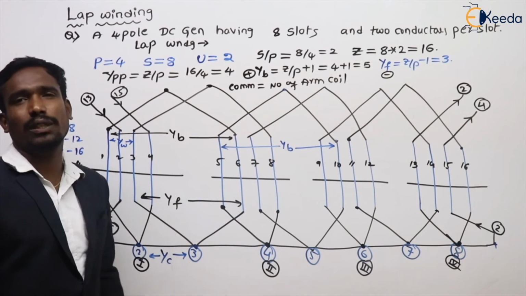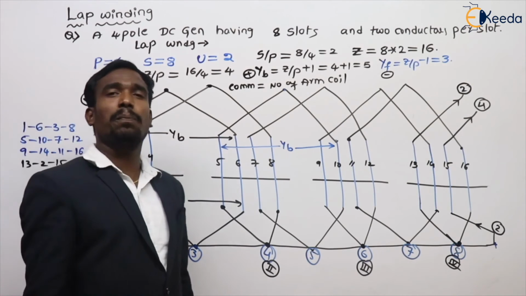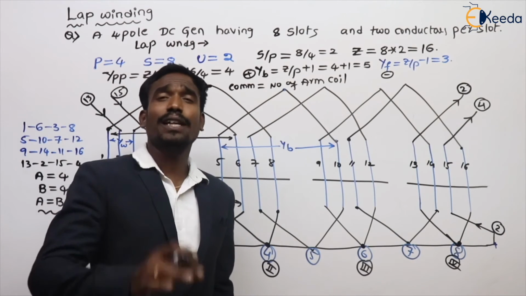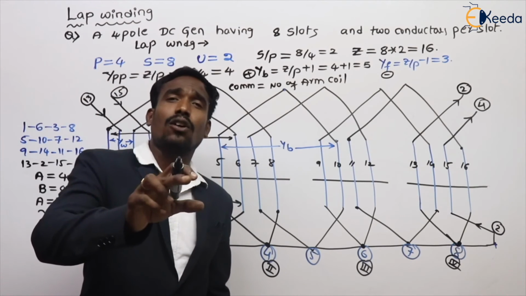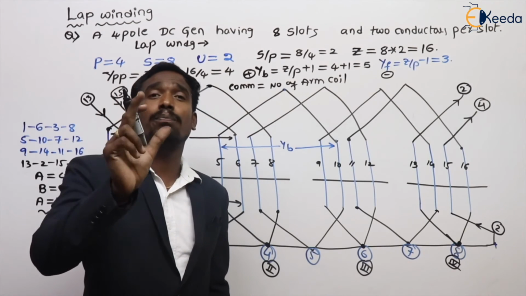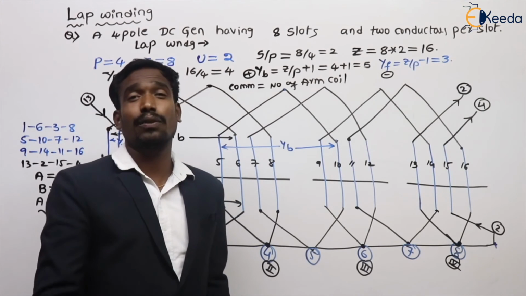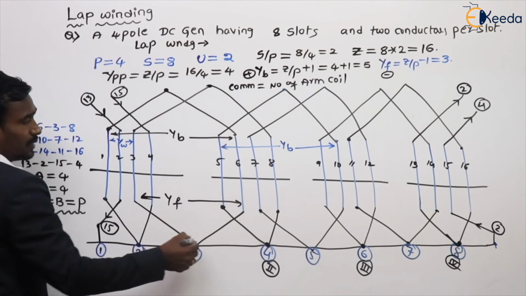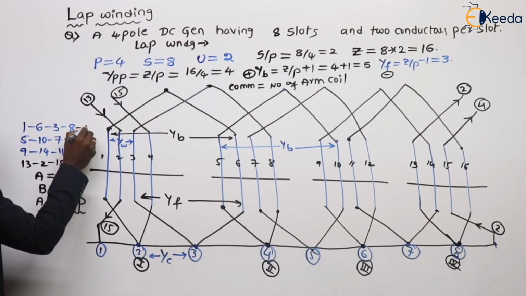Now the special question. In lap winding, one parallel path covers how many poles? Definition: the finishing end of one coil is connected to the starting end of another coil through the commutator segment under one pole pair. One pole pair is very important. Here the first parallel path covers 1, 6, 3, 8, which covers the first pole and the second pole.